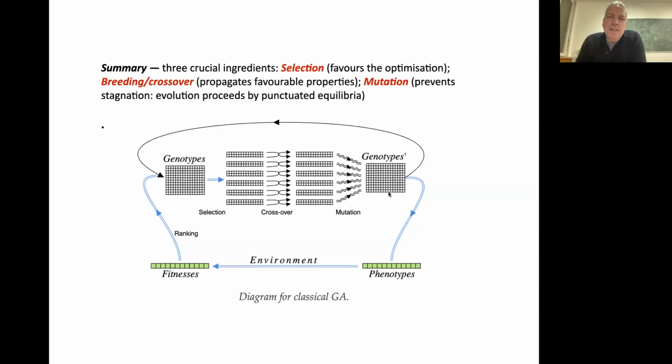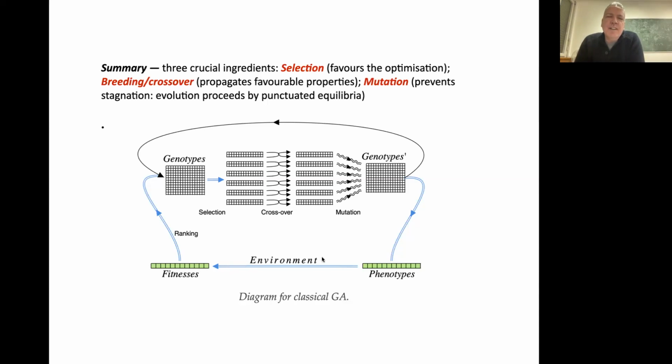So this is the new population. And then this is the important stage. You take this population, and you work out for each one the phenotype. In this case, it's the function value for those genotypes. So every member of the population comes with its phenotype. You then decide how fit you think it is.